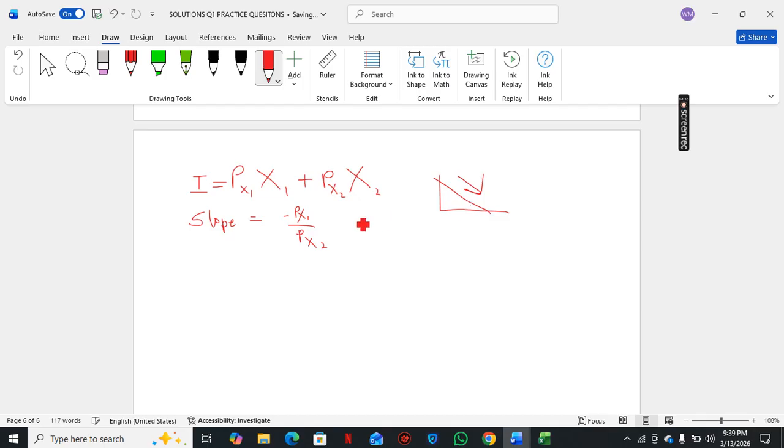It's telling us how much of X2 we need to give up to get X1. In these tabulations you won't need to use the negative, but I put it there to illustrate that the budget constraint line is downward sloping.